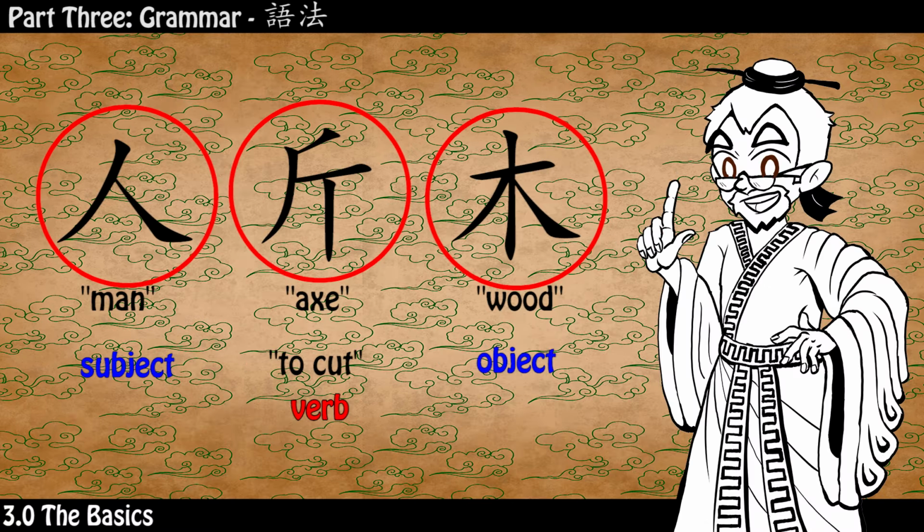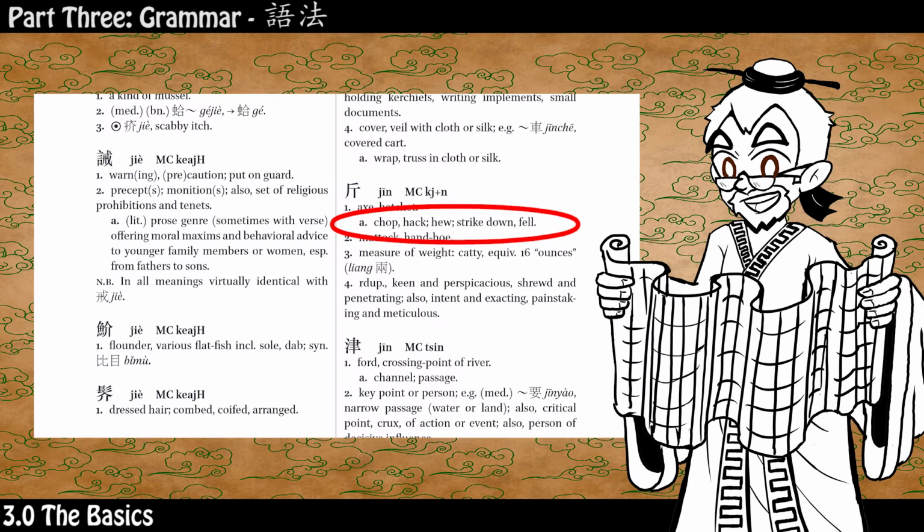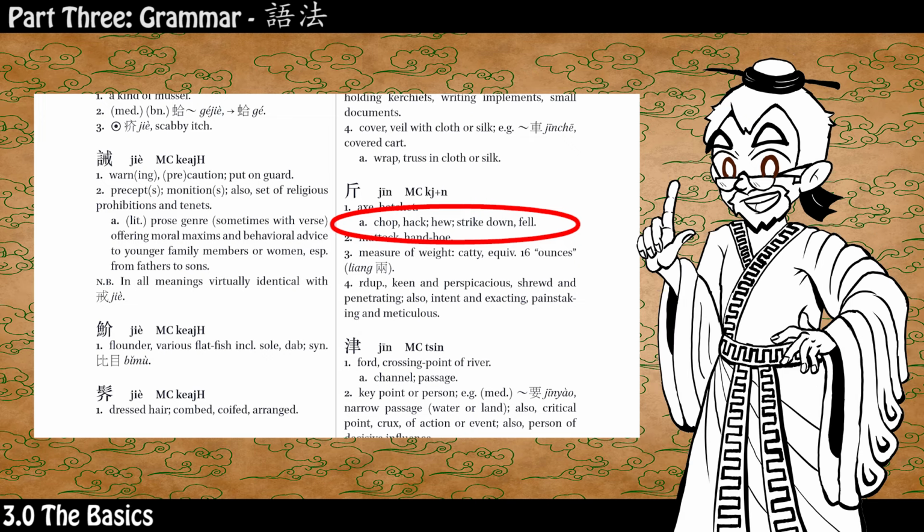Nerd note! Strictly speaking, not every character can jump word classes like this, and in the beginning you'll be checking your classical Chinese dictionary a lot. If we check the dictionary, we'll see that jin can indeed mean both axe and to cut, thus interpreting it as a verb in this instance would not be inaccurate.